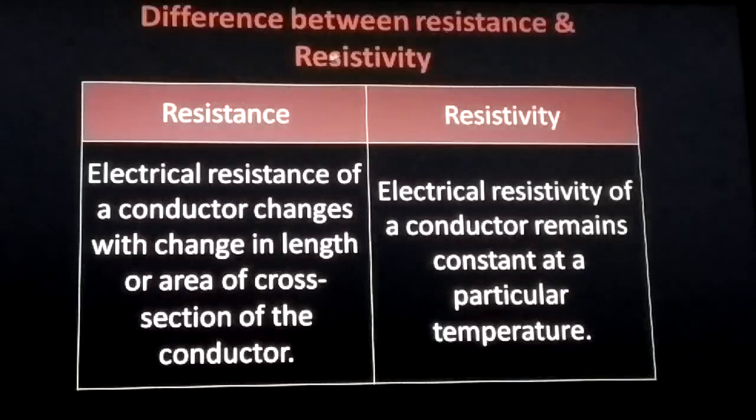Okay. So now we will see the difference between the resistance and the resistivity.